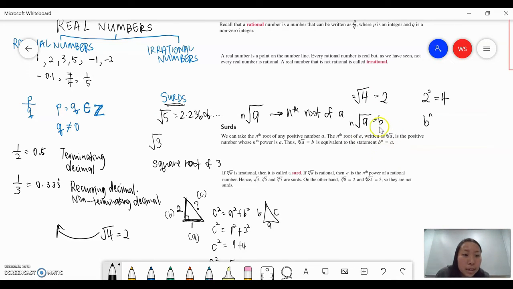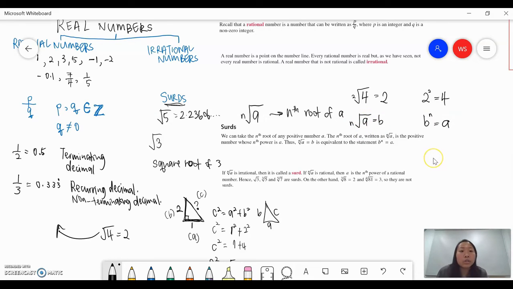So that answer from the previous step, you raise to the power n. It's the same thing over here with our illustration: 2 to the power of 2 equals 4. It gives you that number, that perfect square, that was inside the square root itself.